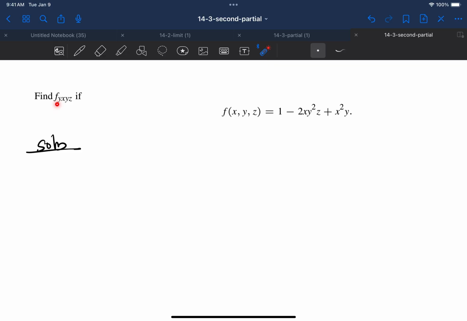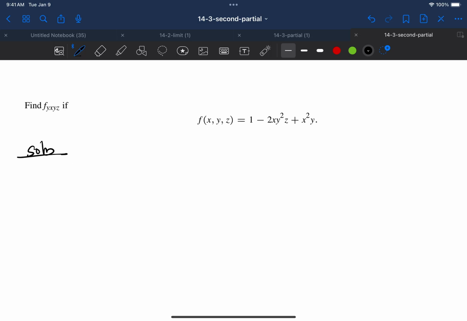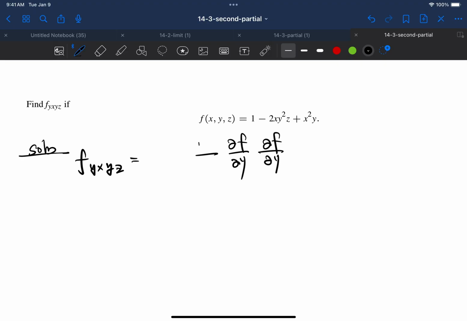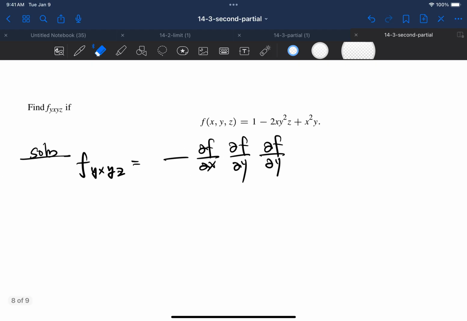But by Clairaut's theorem, you can do in any order. So what I'm going to do is partial y twice and then partial x, partial z. So I'm going to rewrite this. I do partial y first, and then the second order, I do partial y again, and then partial f, partial x. And no, we don't have to write partial f again. So this is partial, and partial z.